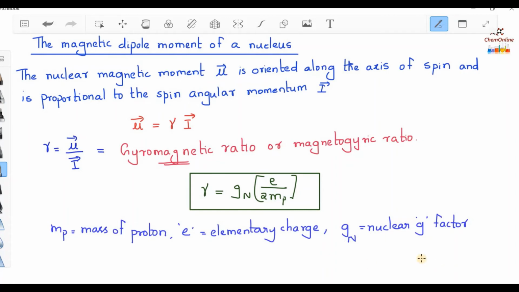This is a unitless constant and it is characteristic of each nucleus. The Gn values are usually determined experimentally, and it is positive for the majority of nuclei. For the proton it is 5.585.